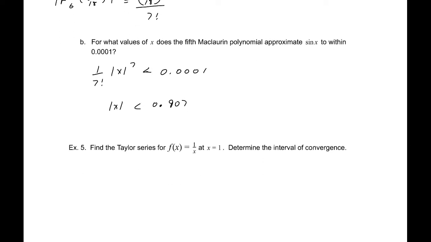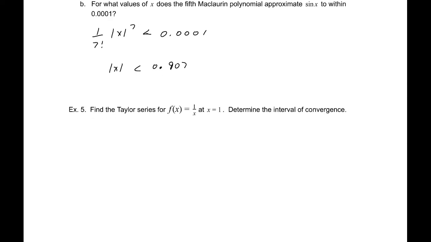All right, let's find the Taylor series for 1 over x at x equals 1 and determine the interval of convergence. All right, well, f of x is 1 over x, and we are finding it centered at 1. So f of 1 is 1. f prime of x is negative 1 over x squared. f prime of 1 is negative 1.